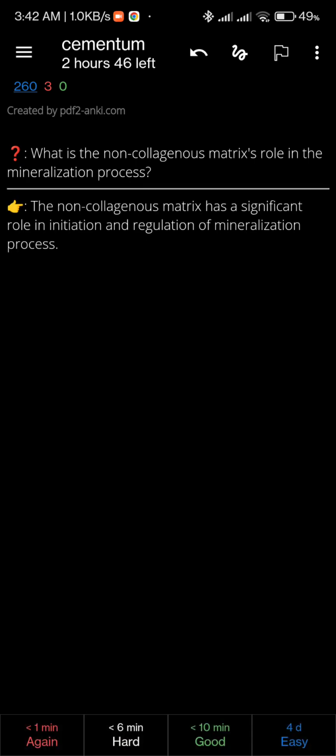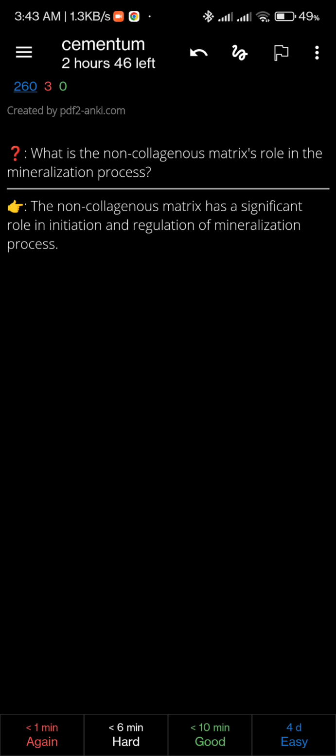What is the role of the non-collagenous matrix in mineralization? The non-collagenous matrix contains bone sialoprotein and osteopontin.